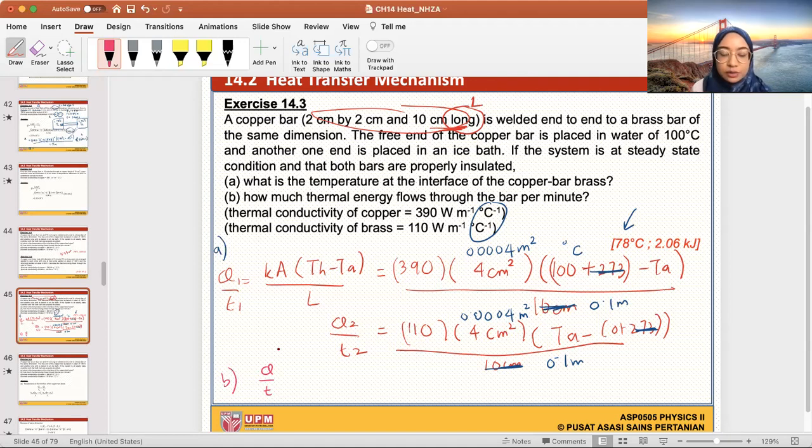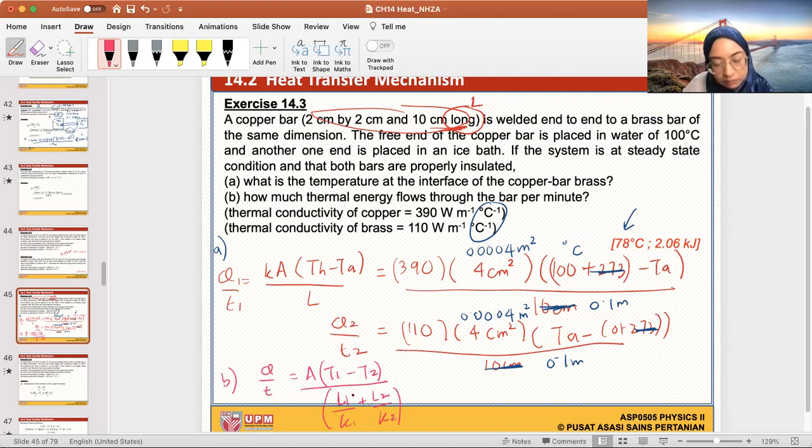Lagi sekali Shasha, Q over T equals to A bracket T1 minus T2 over L1 over K1 plus L2 over K2.